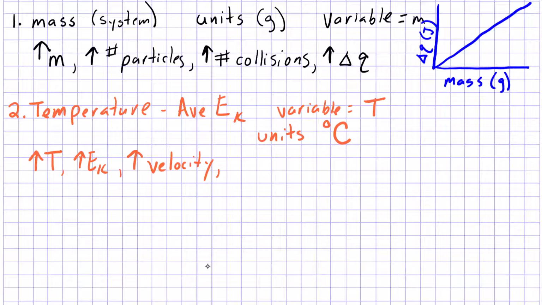And since we have a higher number and force of collisions, that means my overall energy is going to increase. So we have a higher change in heat. So those should be familiar to us so far.